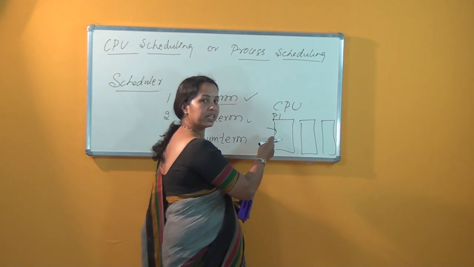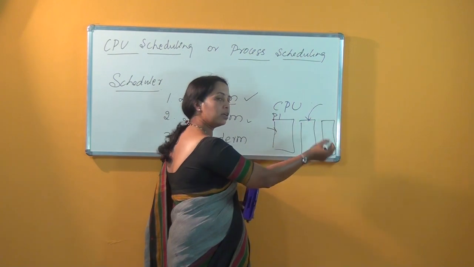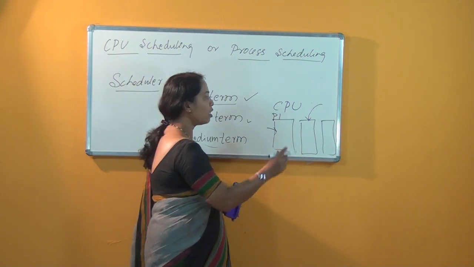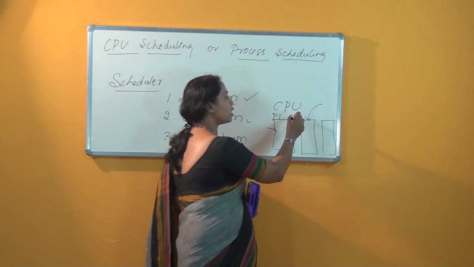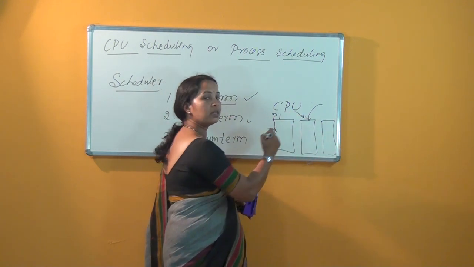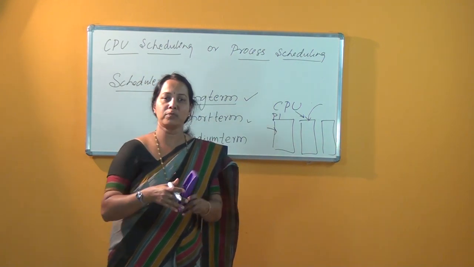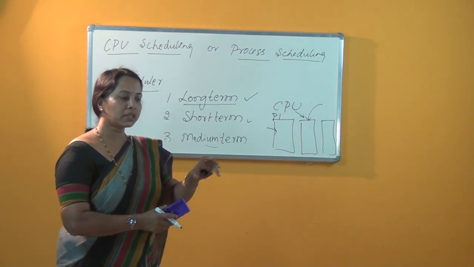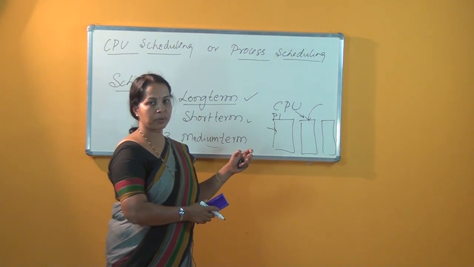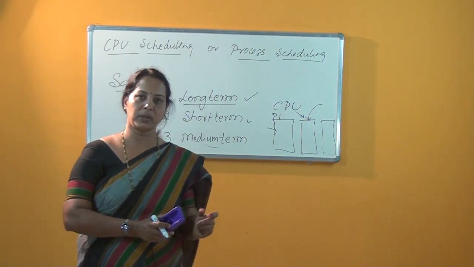When it is interrupted, the information of the other process will be loaded to the next empty register set, so that whenever there is a context switch, all that is needed is for the pointer to be shifted to the other register set. This is how the operating system coordinates and controls multi-programming through CPU scheduling, or process scheduling.